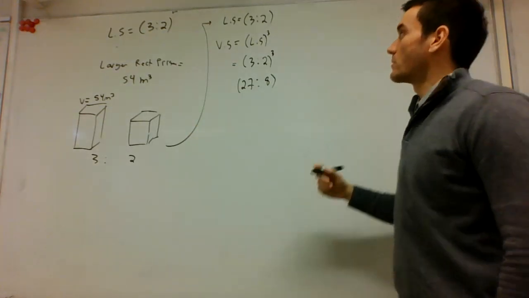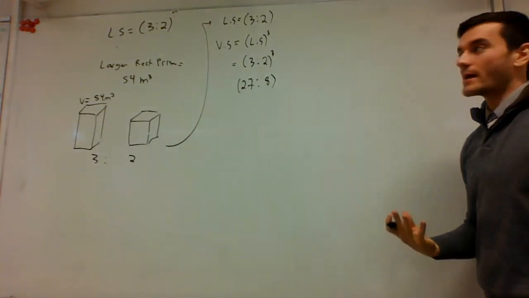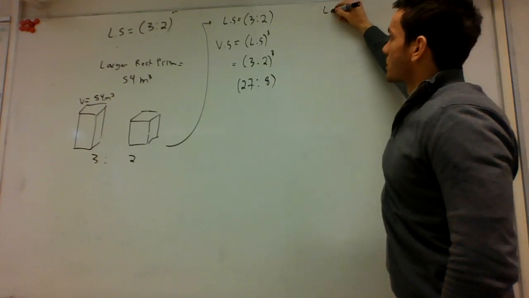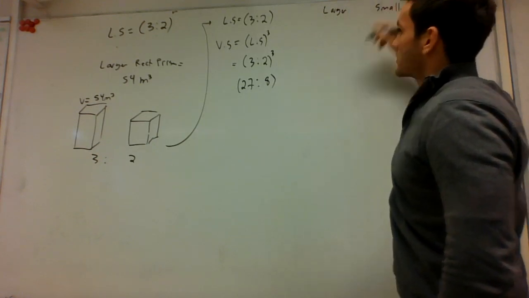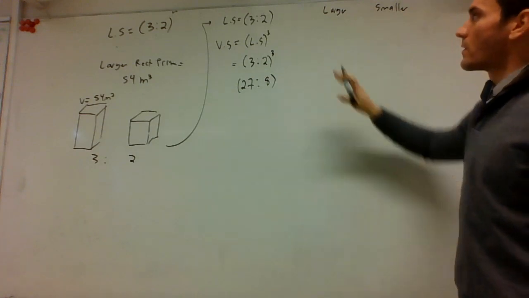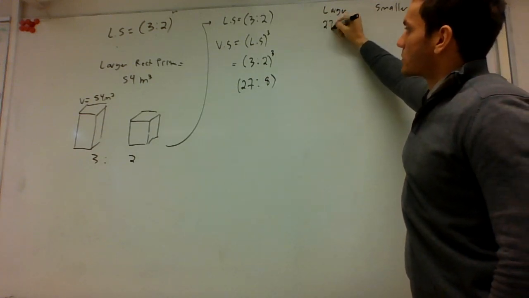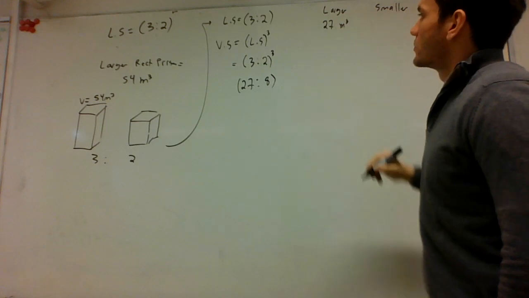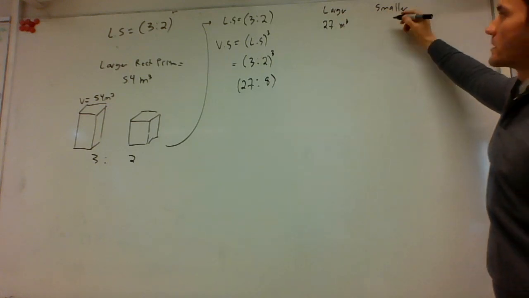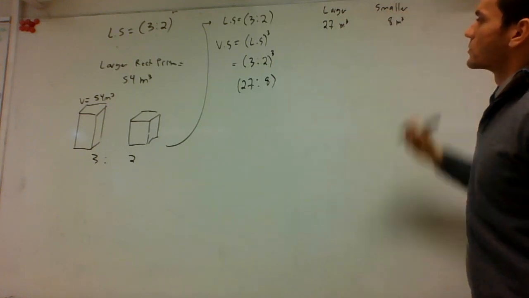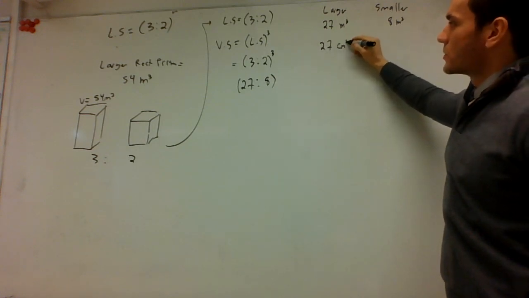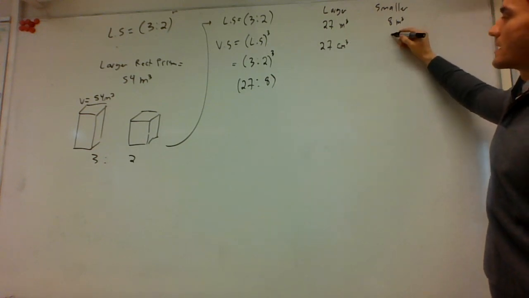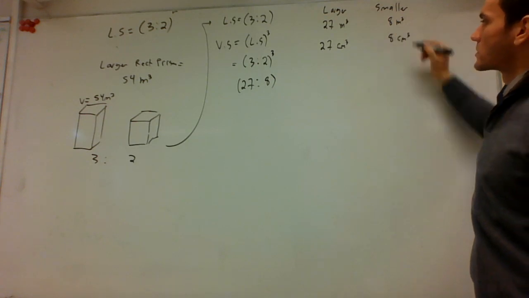We're just going to make a little chart so that we really understand what this means. This is not necessary for the question, just to make sure that we understand. If in the larger I had, let's say, 27 meters cubed, well then the smaller one would be only 8 meters cubed. If it was 27 centimeters cubed, then over here it would be the same units, 8 centimeters cubed.